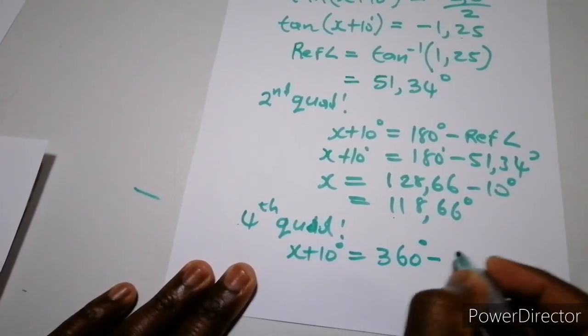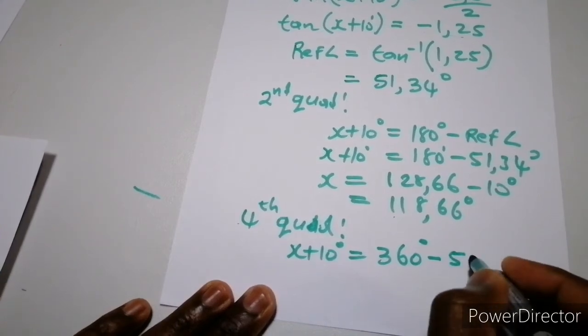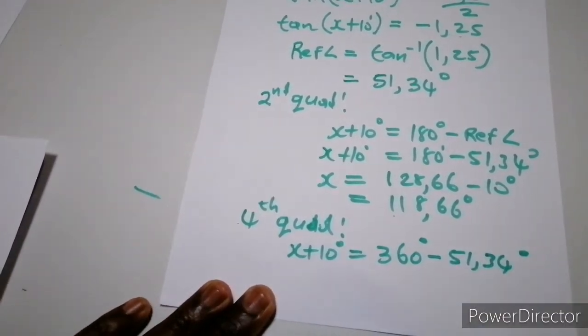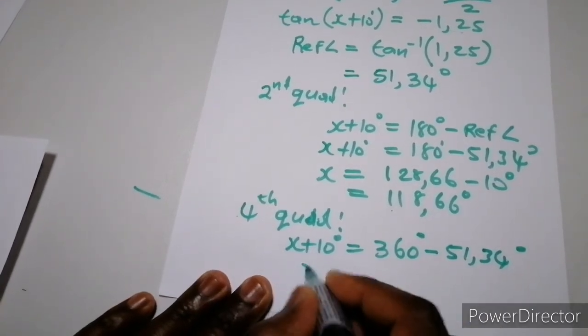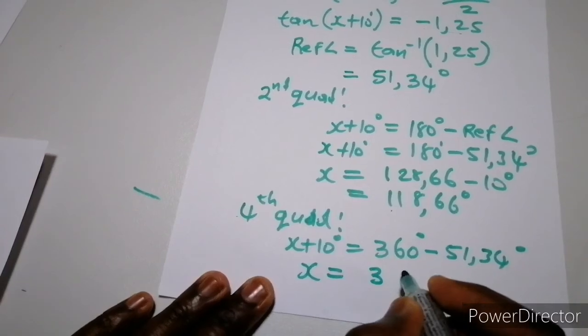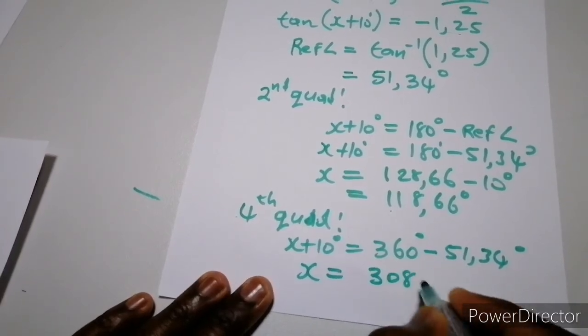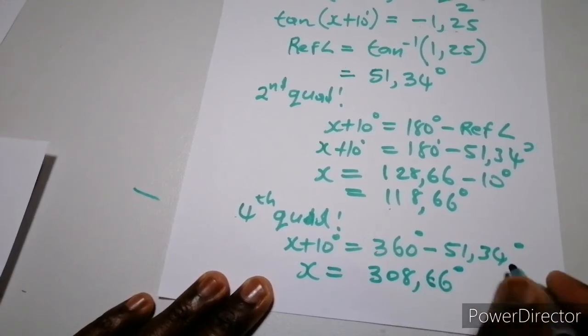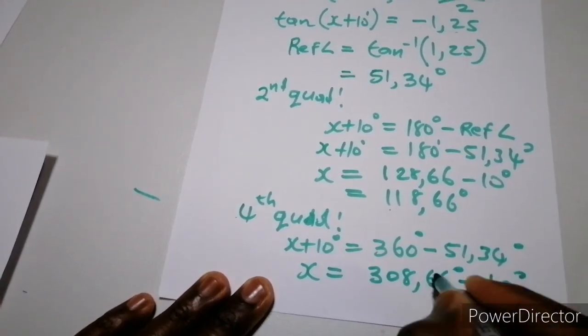360 minus reference angle, which is 51,34 degrees. Right, then x is equal to 308,66 degrees, then minus 10 degrees.